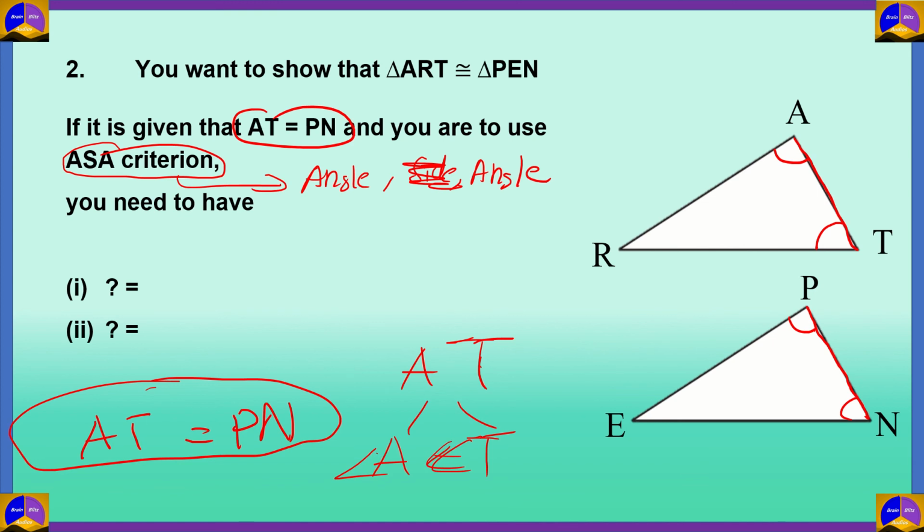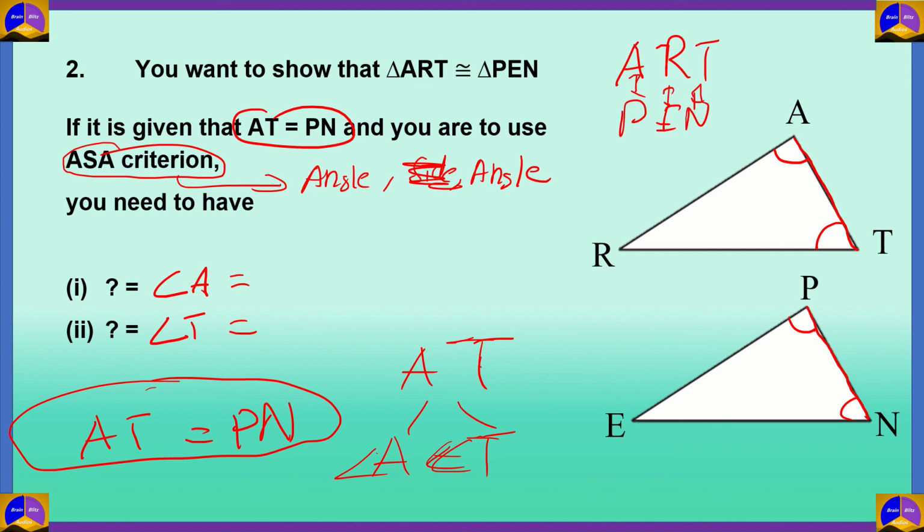So the angles of side AT would be angle A and angle T. Now if we have to find the same in the second figure, we'll write the two triangles on top of each other.